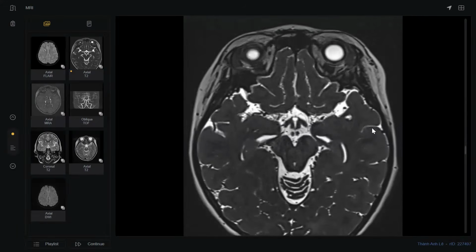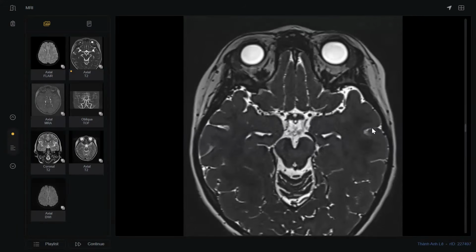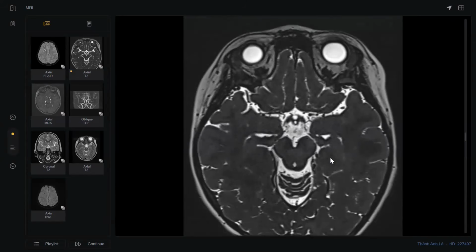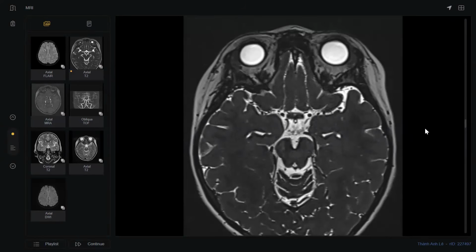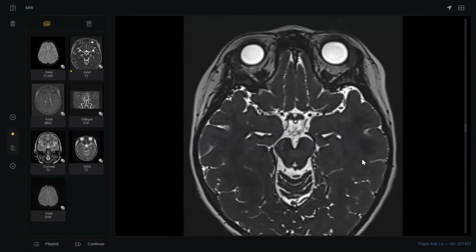It is faintly visualized, I would say, and I think it's a case of T2 FLAIR mismatch. And it's not showing any enhancement. Can we see post contrast to see if it is showing any enhancement or not?